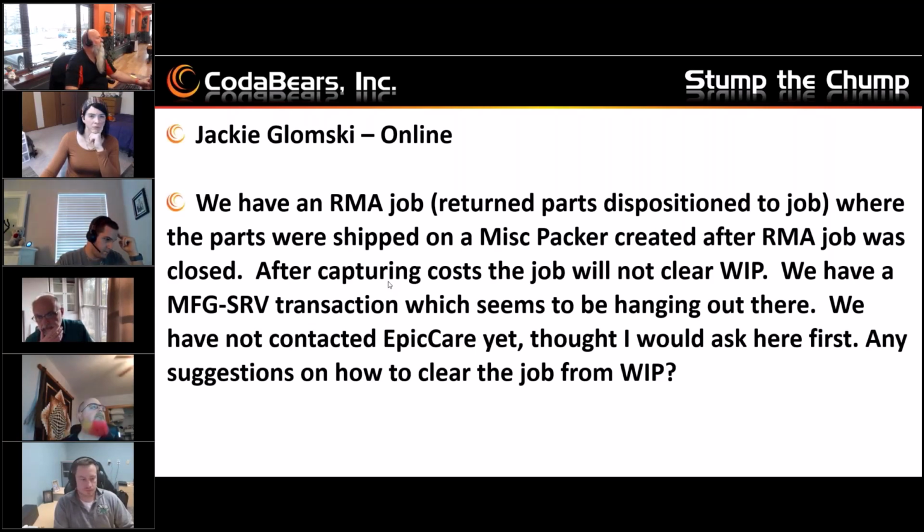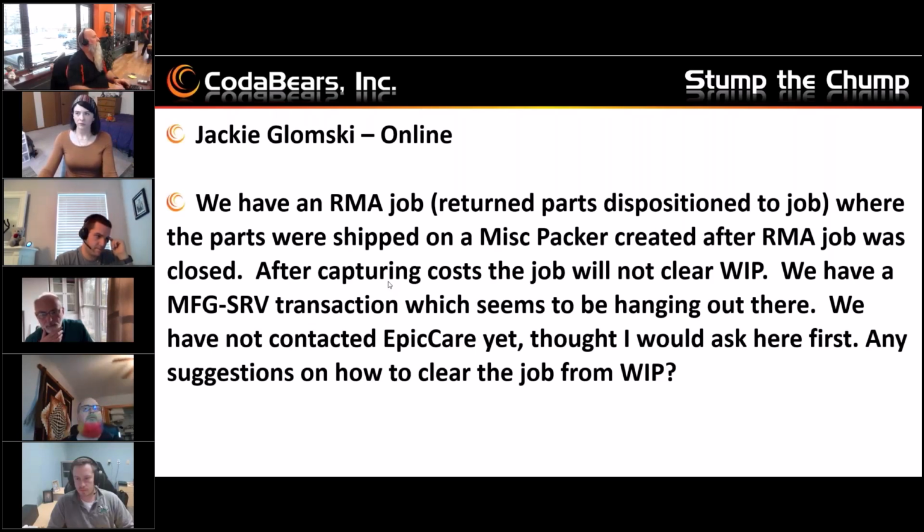From Tim, we've got: is the product group on the RMA job related to a service call GL account? That could possibly cause it. And Jackie said, when an RMA job is closed, it automatically creates the miscellaneous packer. Oh, so there wasn't a way to get it shipped out regularly.